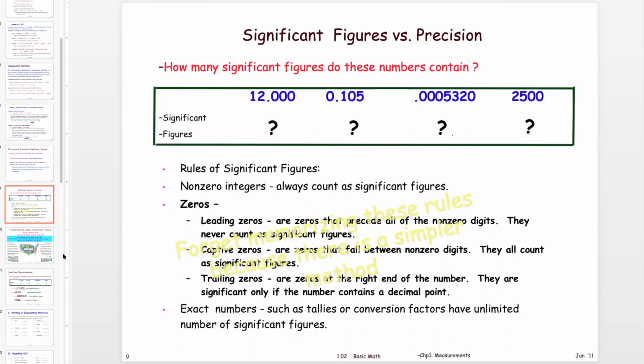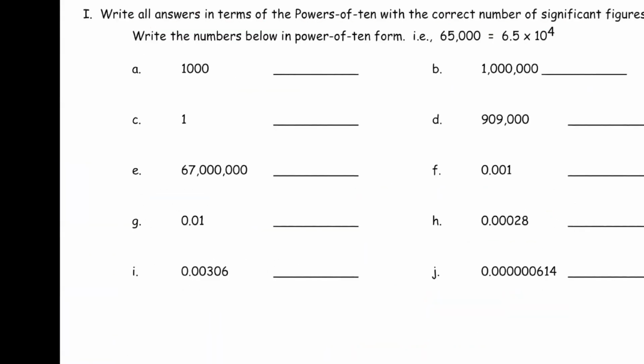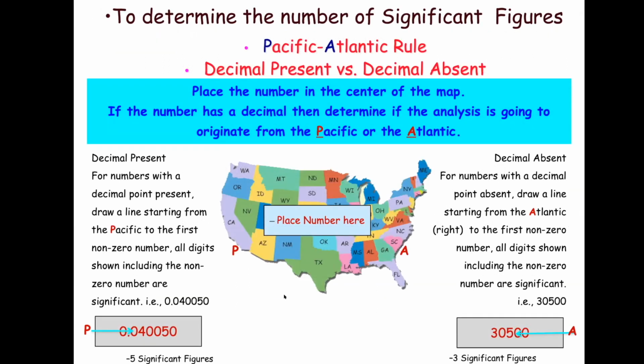It's called the Pacific Atlantic rule. Pacific Atlantic. And the way you do this particular trick is, let me do this for you. You have a digit like this number right here, 0.04005.